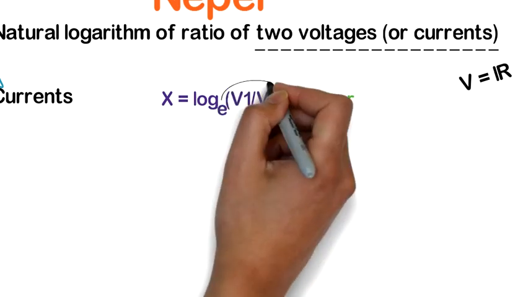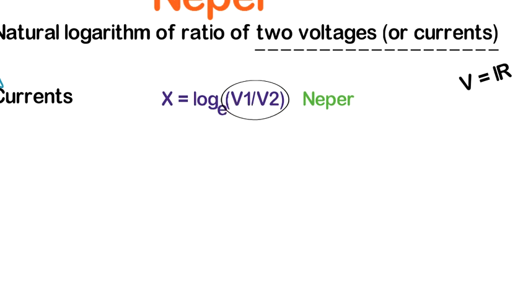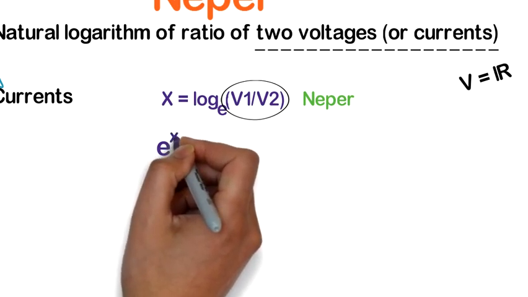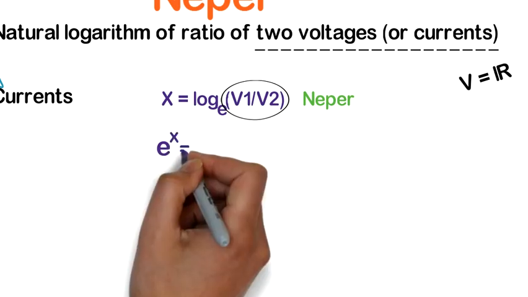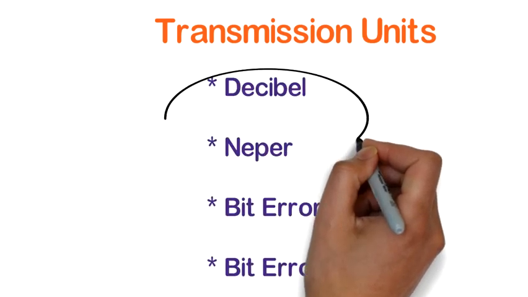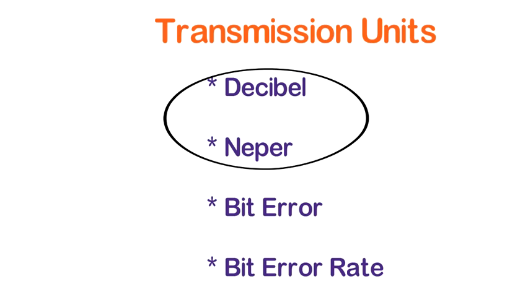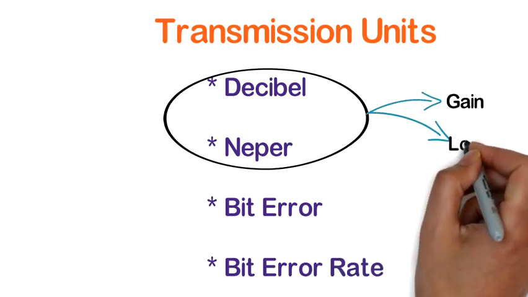Here we can see two voltages are mentioned as V1 and V2, that is input and output voltages, and we calculate Napier by using the formula e to the power x is V1 divided by V2. So here we conclude that both decibel as well as Napier are used to calculate system gain or loss.